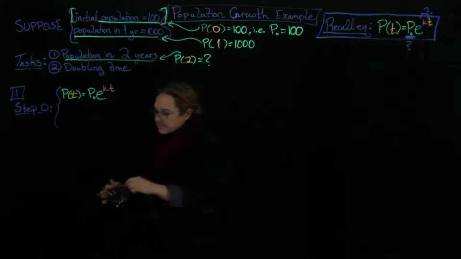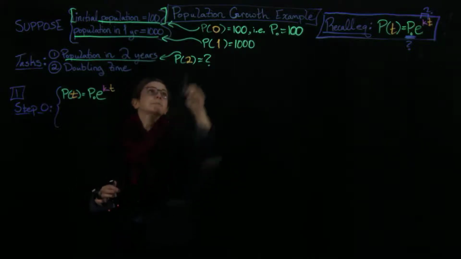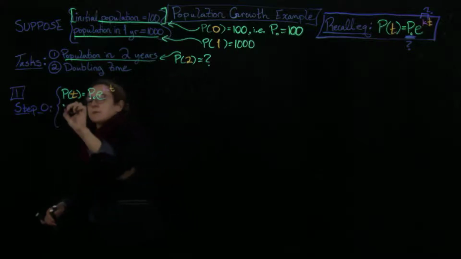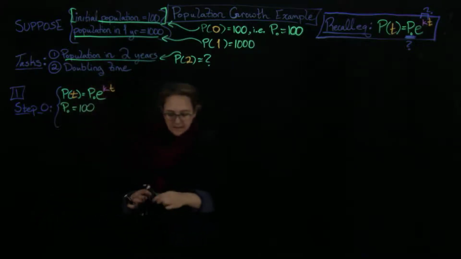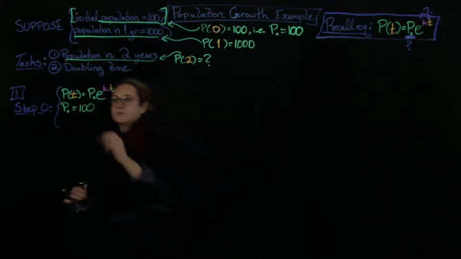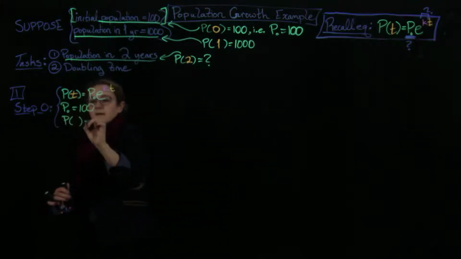We also have that this P of 0, this P naught equals 100, so we have P naught equals 100. And then we have that P of 1 equals 1,000, right? This is all the stuff we have.